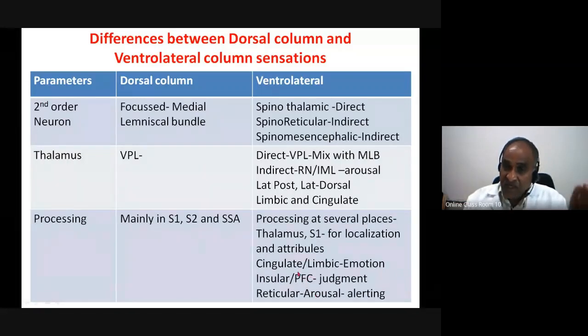Then we have the parabrachial nucleus, the insular and the prefrontal cortex. These give the finer details of judgment: what to do, how to respond, whether to ignore or not ignore.